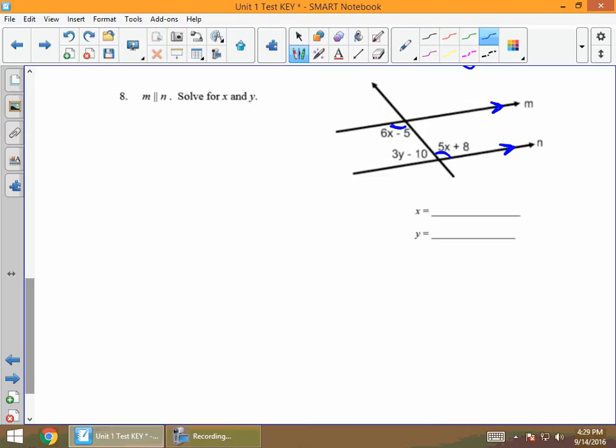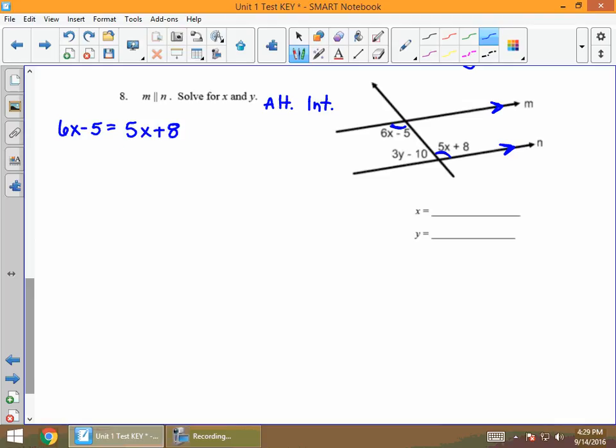So I look and see what kind of a pair of angles they are, first of all, and those are alternate interior angles. Hopefully you remember that alternate interior angles are congruent. So that means 6x minus 5 is equal to 5x plus 8.